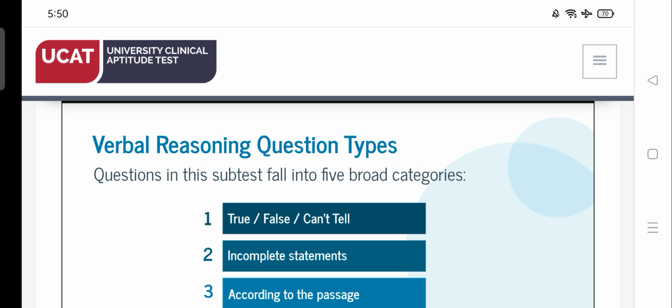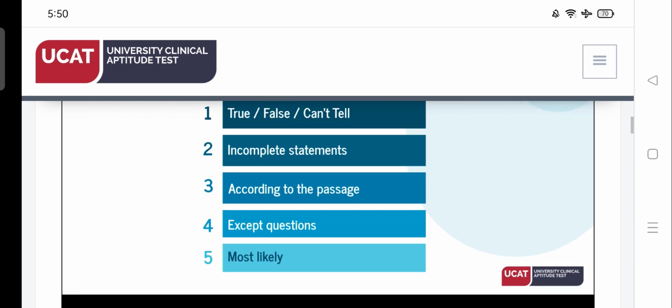Questions in the subtest fall into 5 broad categories. First one, true, false, and can't tell. Second, incomplete statements. Third, according to the passage.